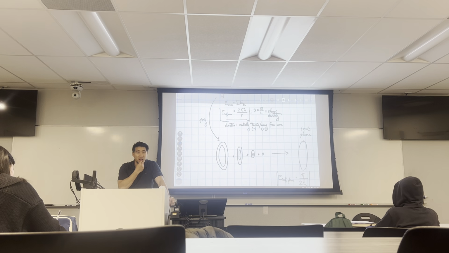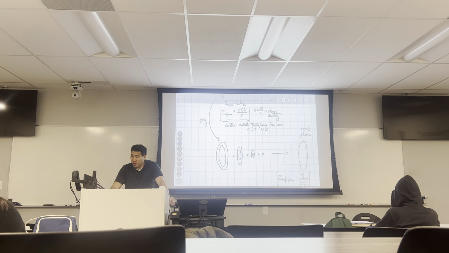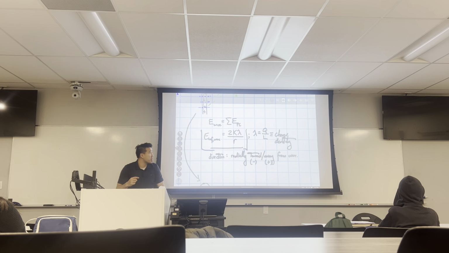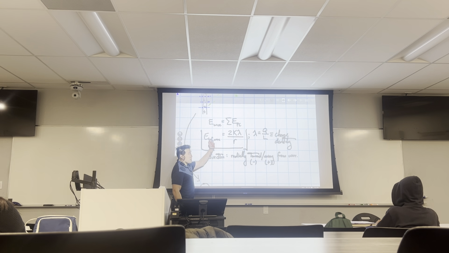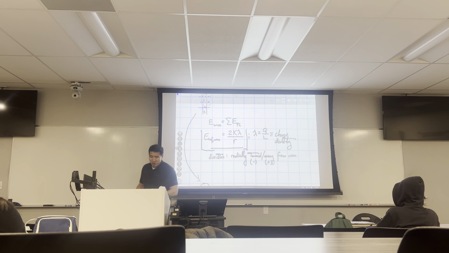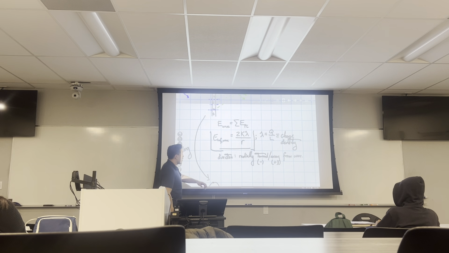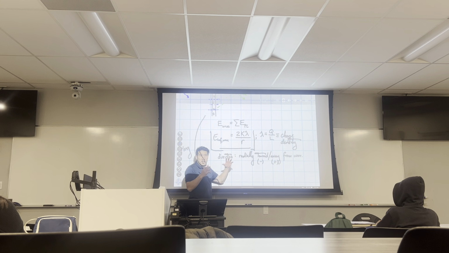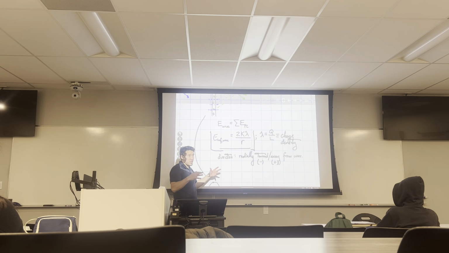Now let's make a few comments regarding the expressions that I just provided to you guys. The electric field of the infinitely long wire, compare this to a point charge. One of the primary differences that you're going to see is a point charge has what kind of distance dependency? Look at the equation.